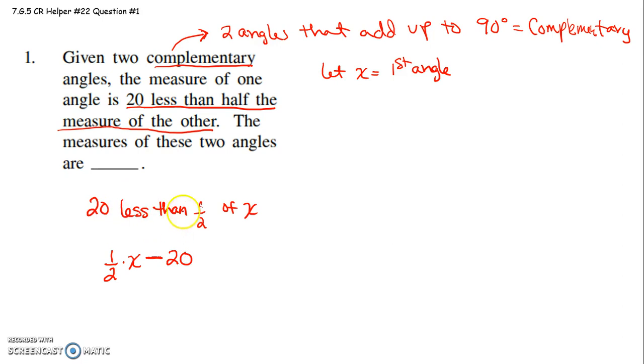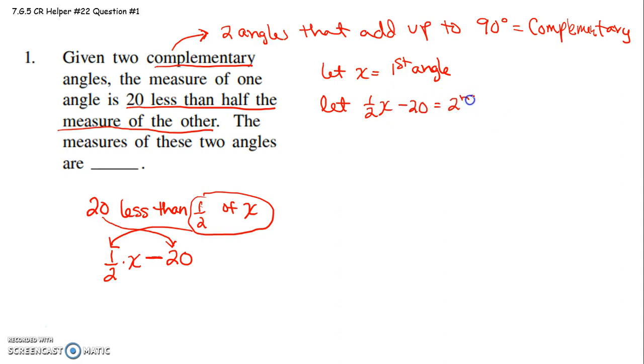Be careful, less than means subtraction, so you write the 1/2 X first. So 20 less than half X is 1/2 X minus 20. So we'll let 1/2 X minus 20 equal the second angle.